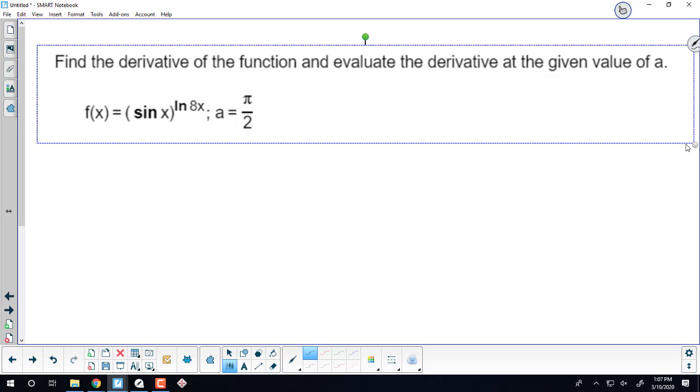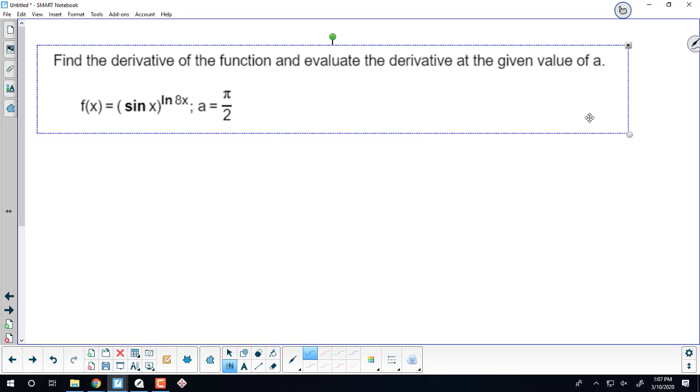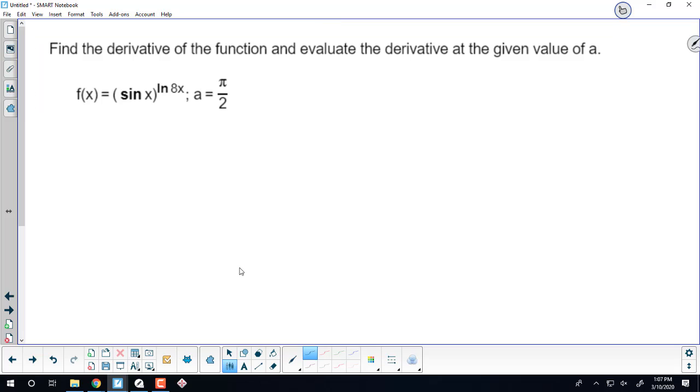MyMathLab was really finicky about the final answer, about how it wanted it simplified. So we can check to see how they want it simplified. It's frustrating to do some of these problems because with functions like f of x to the g of x power, sometimes they want them simplified in a specific way, and sometimes they don't.